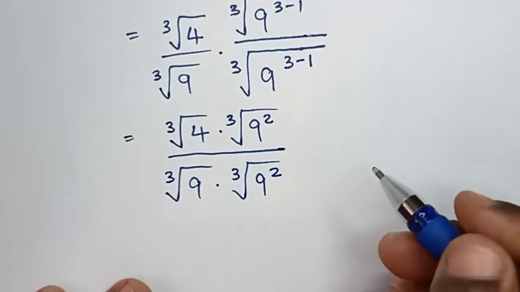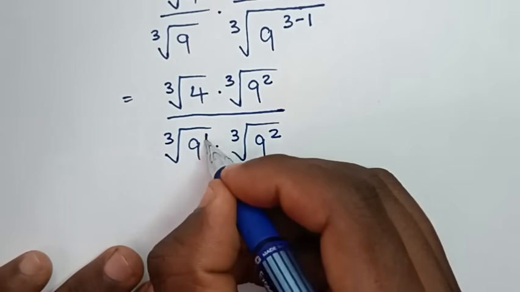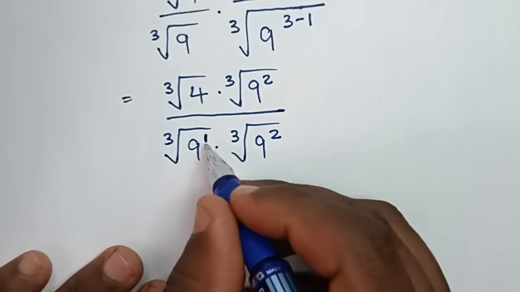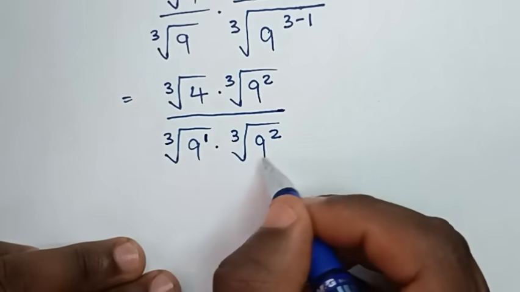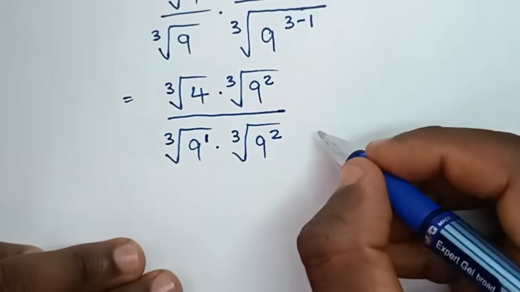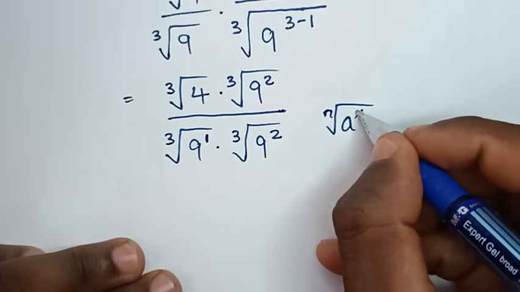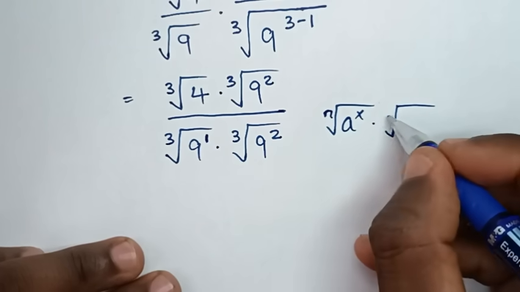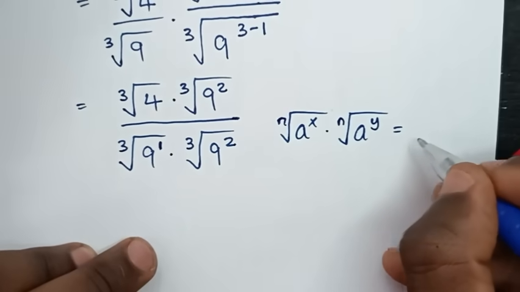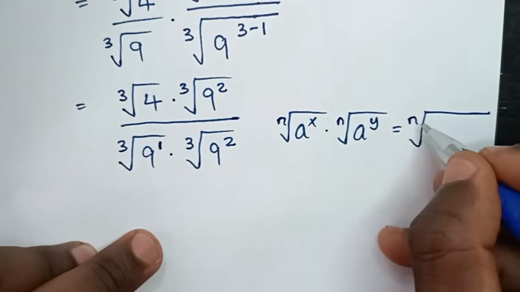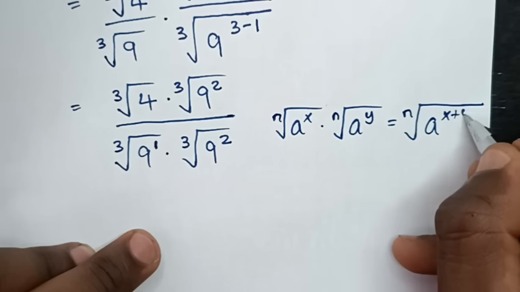Then in the next step, in the denominator, this is the same as 9 power of 1. So the third root of 9 power of 1 times the third root of 9 power of 2, here in the denominator, we'll apply the rule, which is the nth root of a power of x times the nth root of a power of y is equal to the nth root of a power of x plus y.